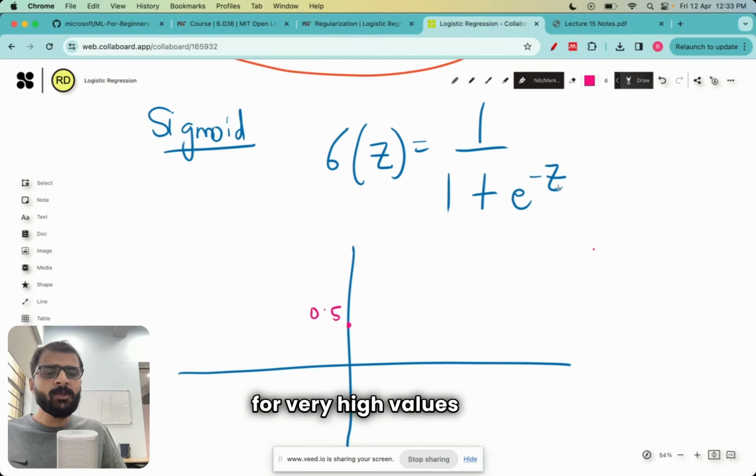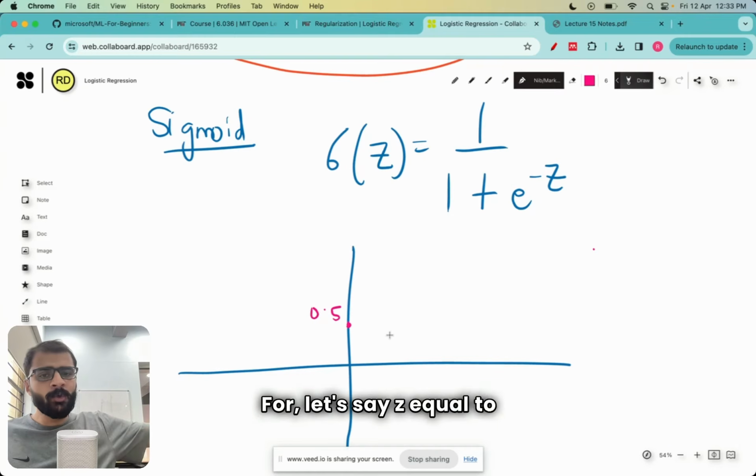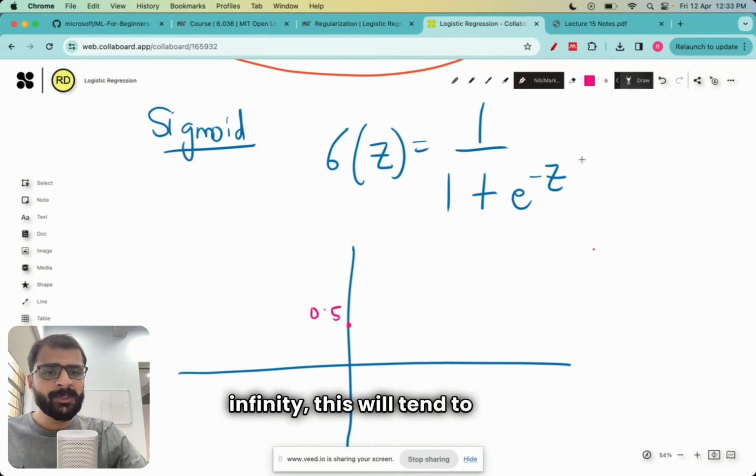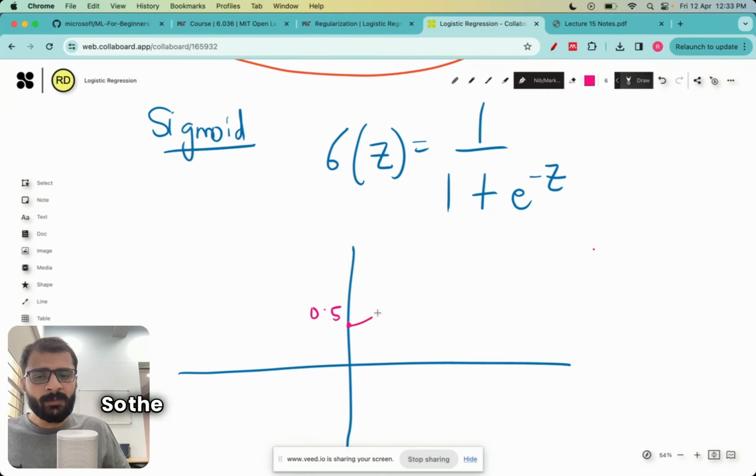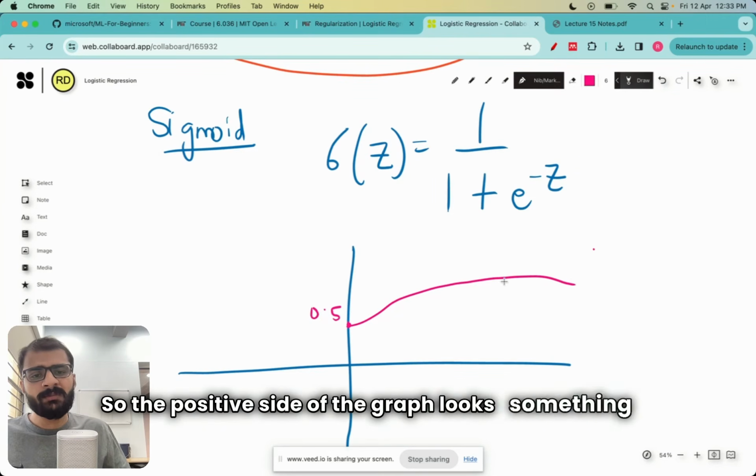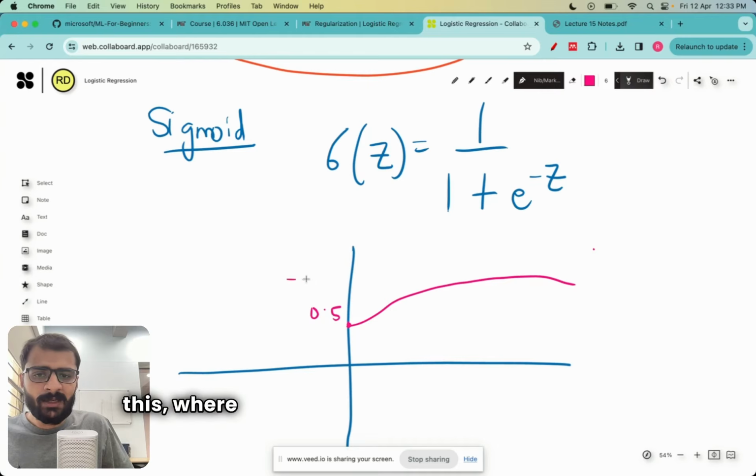For very high values of z, let's say z equal to infinity, e raised to minus z tends to 0, so the positive side of the graph tends to plus 1.